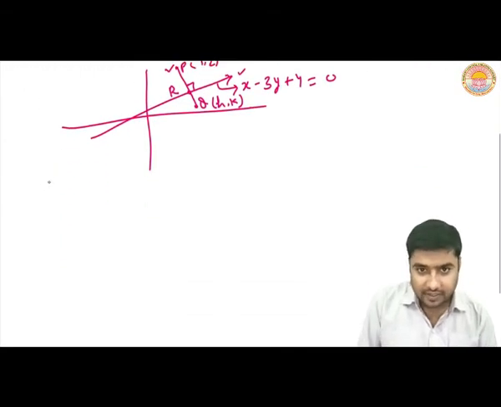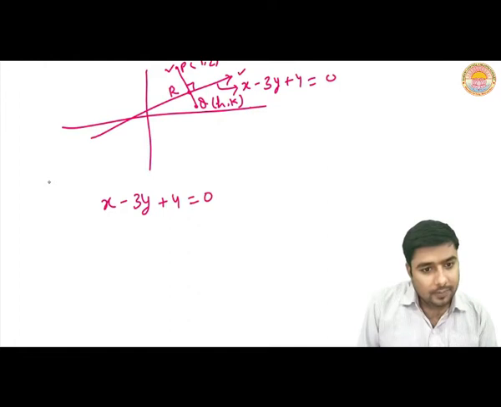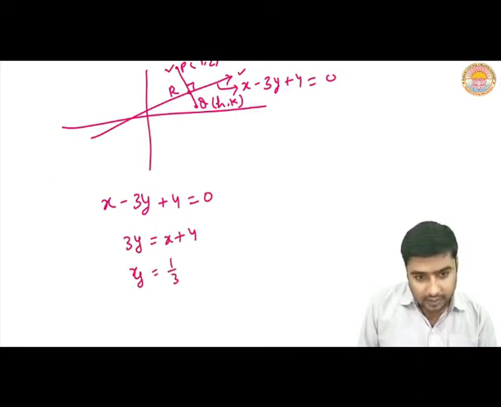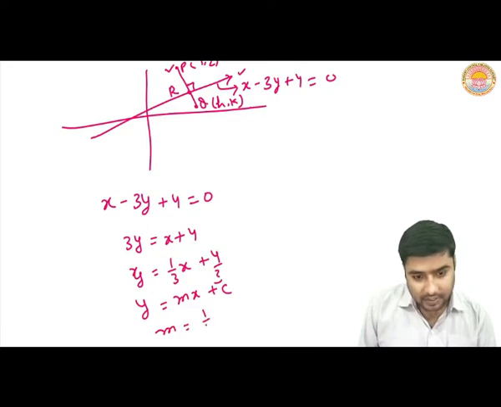First we find the slope of the first line, x minus 3y plus 4 equals 0. It implies that 3y equals x plus 4, then y equals 1 upon 3 x plus 4 upon 3, then y equals mx plus c. We get m equals 1 upon 3.